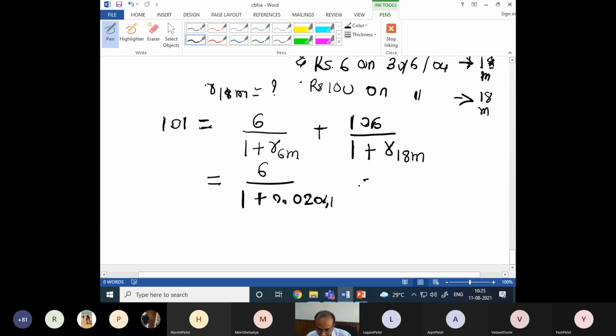Plus, we have this unknown as it is, 106 divided by 1 plus R 18 months. Now you can calculate the R 18 months.